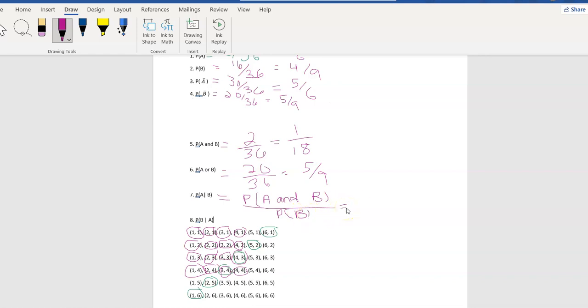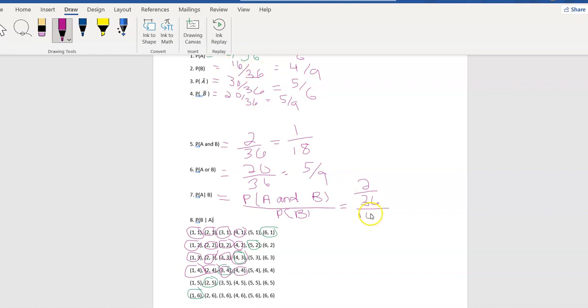And I'm actually going to go back to the non-reduced fraction. The probability of A and B we got right here was 2 over 36. And the probability of B was back here. It was 16 over 36.